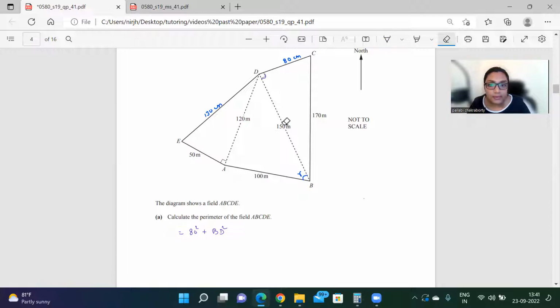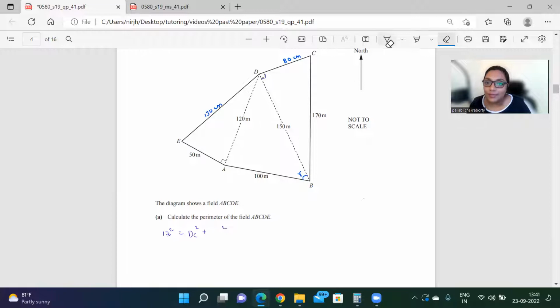Instead of BC we have 170 square is equal to, we don't know the value of DC yet. So this is DC. Instead of 80, I'm writing DC square, which we are supposed to find. And instead of BD square, we can write 150 square, right?